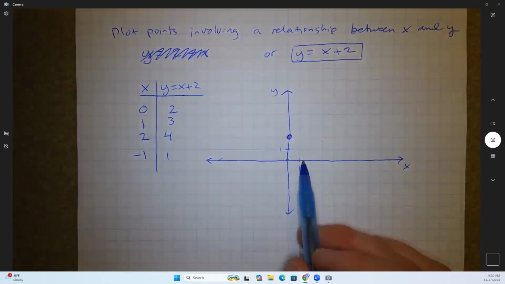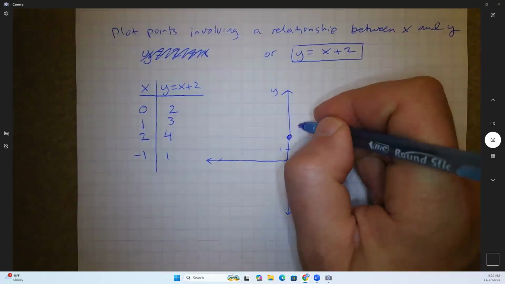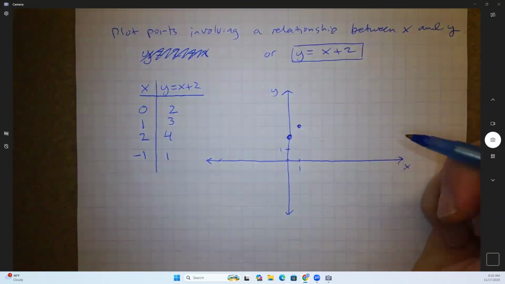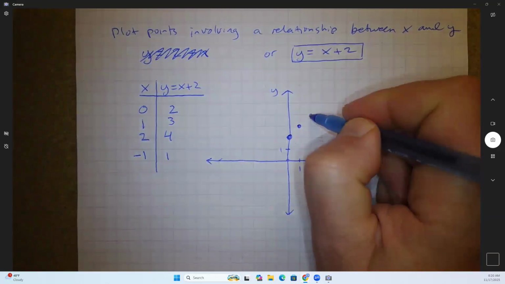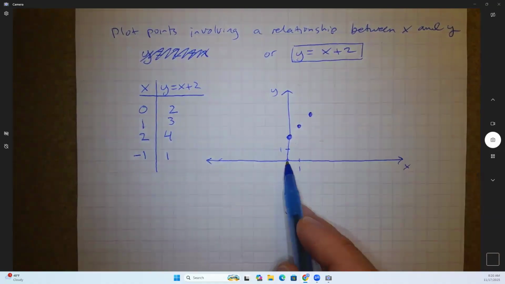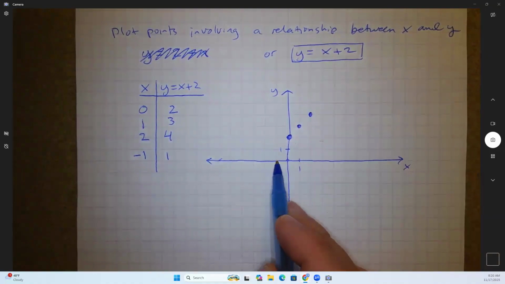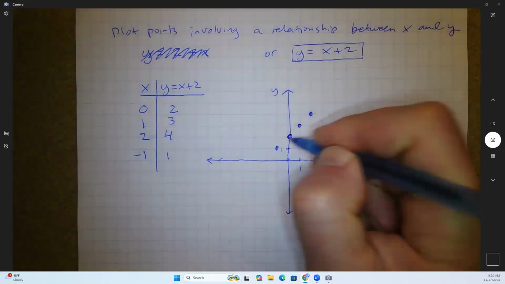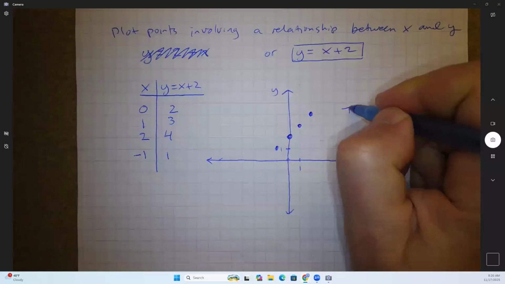And then when X equals 1, Y equals 3. So I take 1 step in the X and 3 steps in the Y. When X equals 2, Y equals 4. And if X equals -1, so I take 1 step to the left with X and then 1 step up with Y, and I get -1, 1.